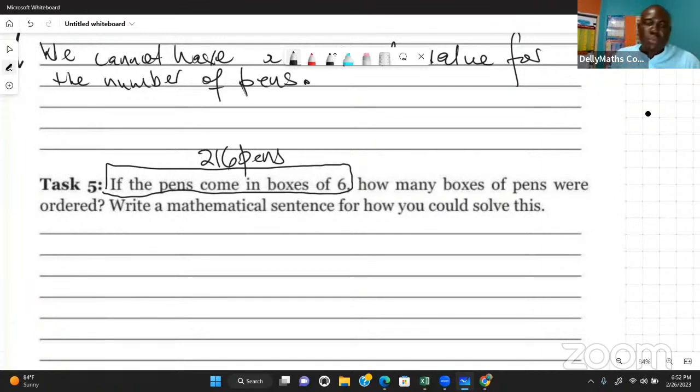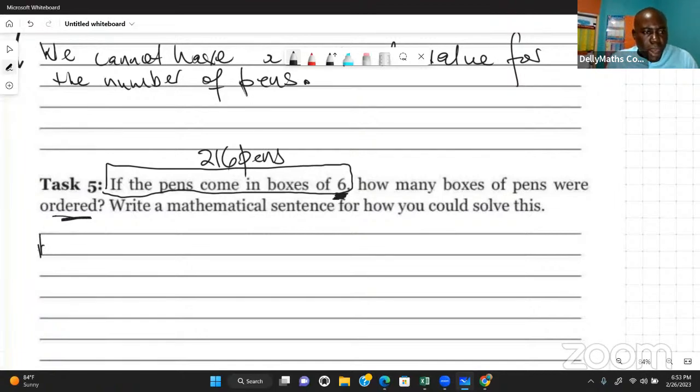A mathematical sentence is simply a statement of truth as it relates to what you have here. So look at the details that you have. We're talking about boxes of 6, so you know that you're going to divide by 6. How many boxes of pens were ordered?